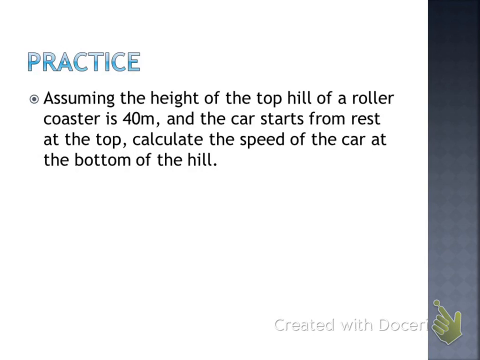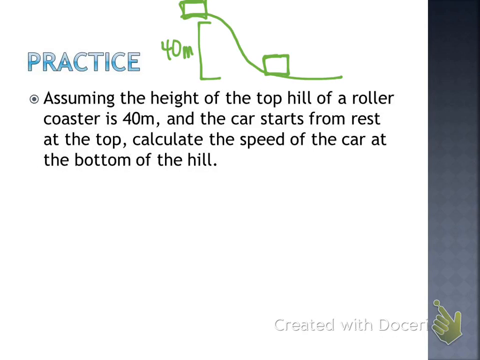All right, let's see what our roller coaster looks like here. We're going to start up at 40 meters, and we're going to travel to the bottom. So we've got a height difference here of 40 meters. We'll start right up here, and we're going to end 40 meters below where we started. So this is the height of the top hill of the roller coaster.